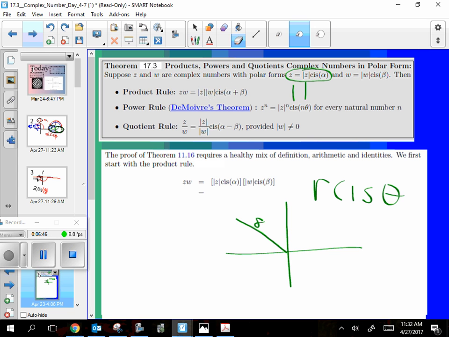Okay, so when you see those bars around them, they're just like the radiuses, like the R's, like the hypotenuse length in here. See how there's an R there instead of R cis theta? They use modulus Z cis alpha.